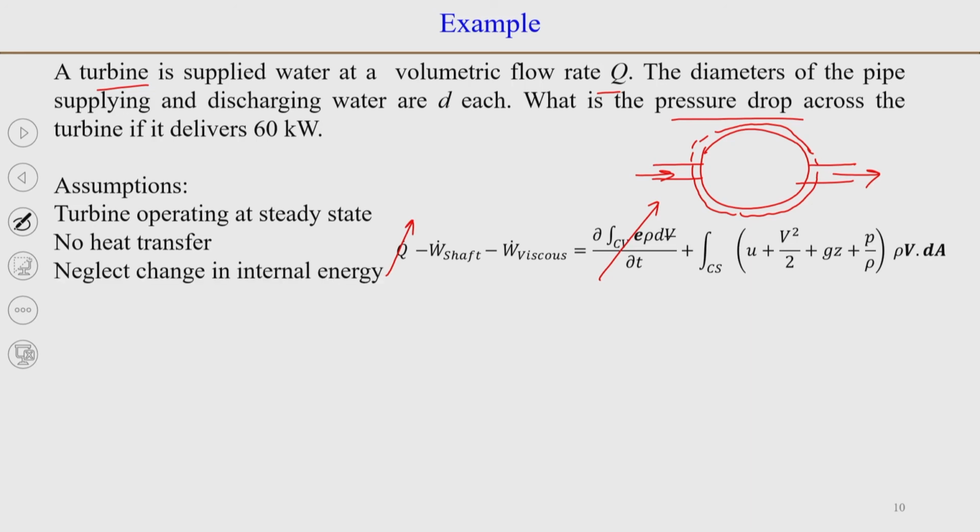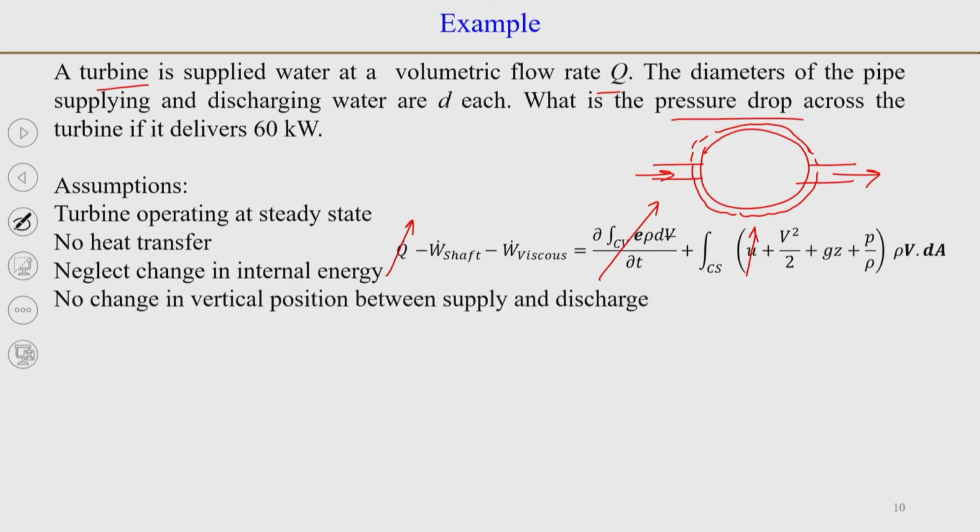We can neglect the change in internal energy of the fluid. So, there will be no change in u, delta u will be 0, so that term can go. And there is no change in vertical position between supply and discharge, so there will be no change in z at sections 1 and 2.